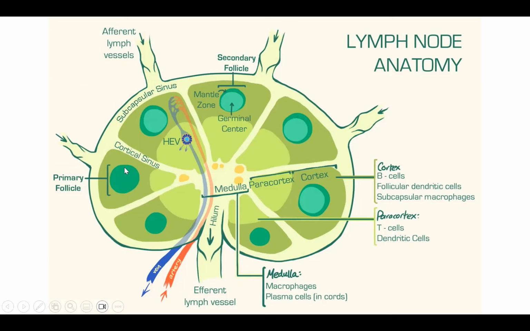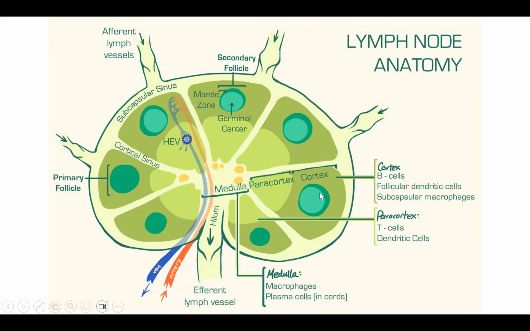You have basically a paracortex that's in the center of the node, and you have a cortex that is just below the subcapsular sinus. All right, and within the cortex you have what is called a primary follicle.